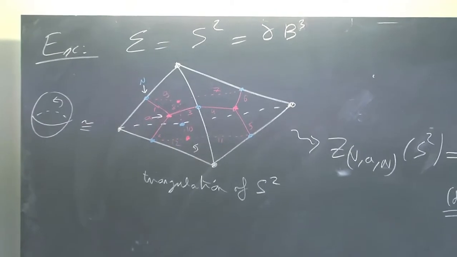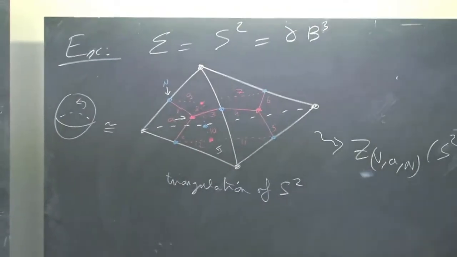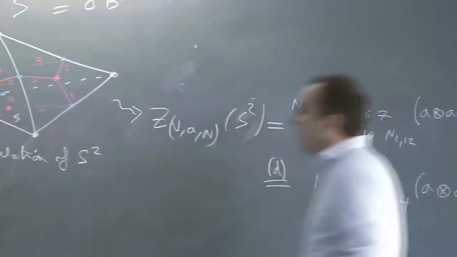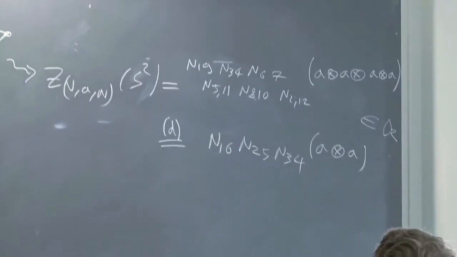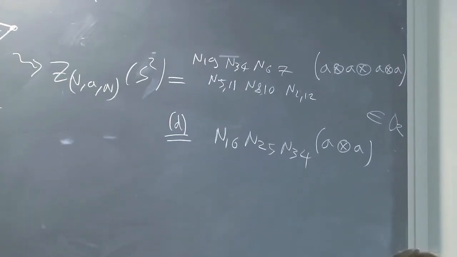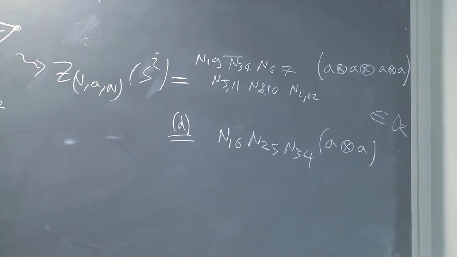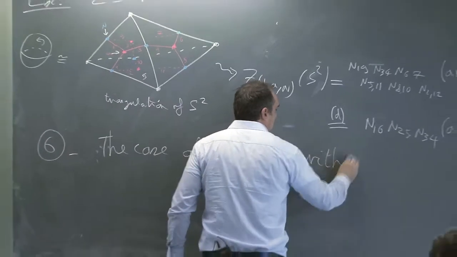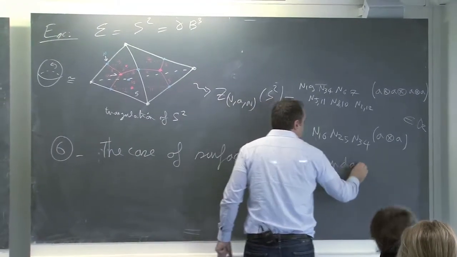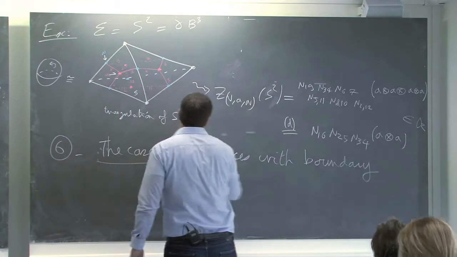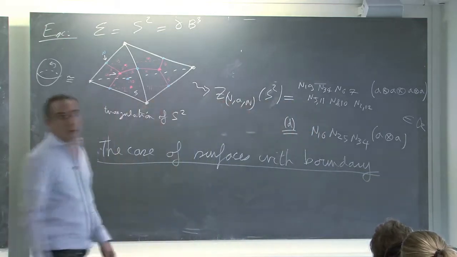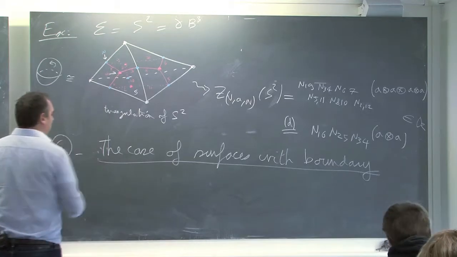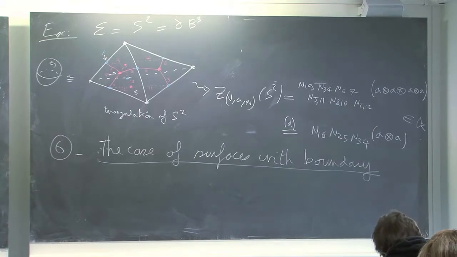Okay. So we constructed an invariant of closed surfaces, so surfaces without boundary. So let us explore the case of surfaces with boundary. What happens when the surfaces have boundary? So we need to define, first, what is the triangulation of a curve.